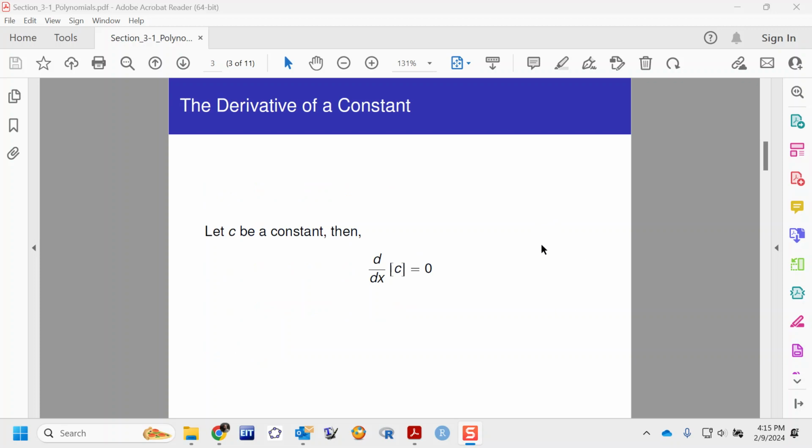Let's do the derivative of a constant first. If c is a constant, then d by dx of c is equal to 0, meaning the derivative with respect to x of a constant is equal to 0. This is what we learned earlier in the course when we thought about a constant function and its slope. A constant function is just a horizontal line, and a horizontal line has slope 0.